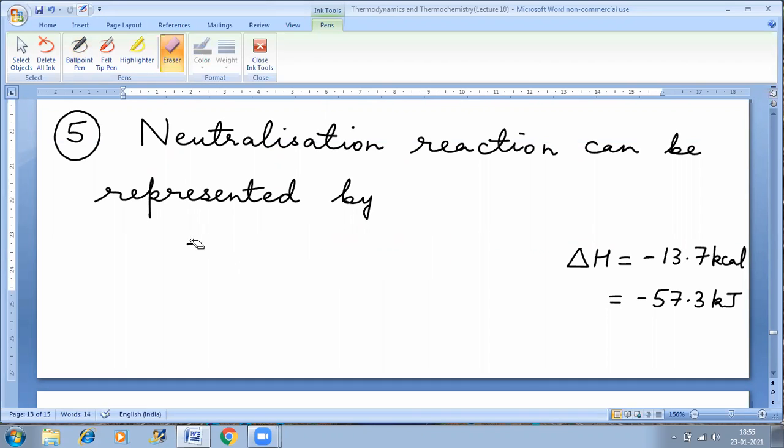ये जो रिएक्शन लिखा है मैंने, इसके बाजू में मैंने क्या लिखा है? सिर्फ डेल्टा H का वैल्यू लिखा है ना.